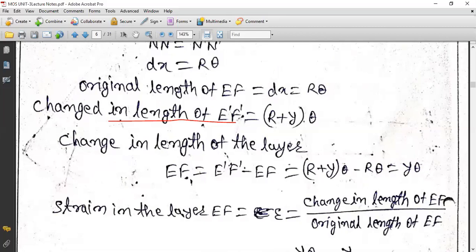Again, you have to see the change in length of the layer EF.